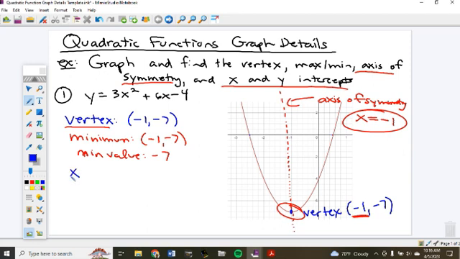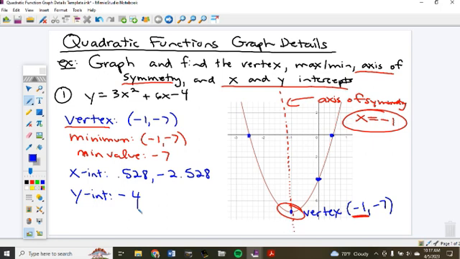The x-intercepts happen at 0.528 and negative 2.528. They happen here and here. Those are the x-intercepts. And the y-intercept happens right here. The y-intercept is at negative 4. All right?